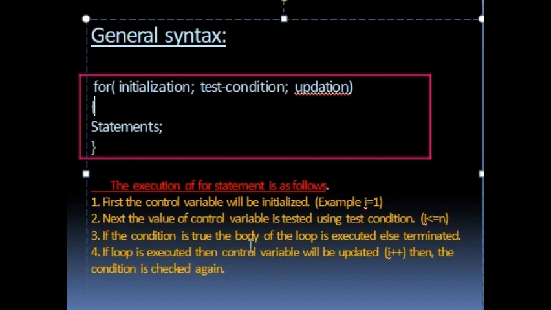If the condition is true, the body of the loop is executed, else terminated. If you are taking i = 1, see here, 1 is less than or equal to n. Is it true or false?